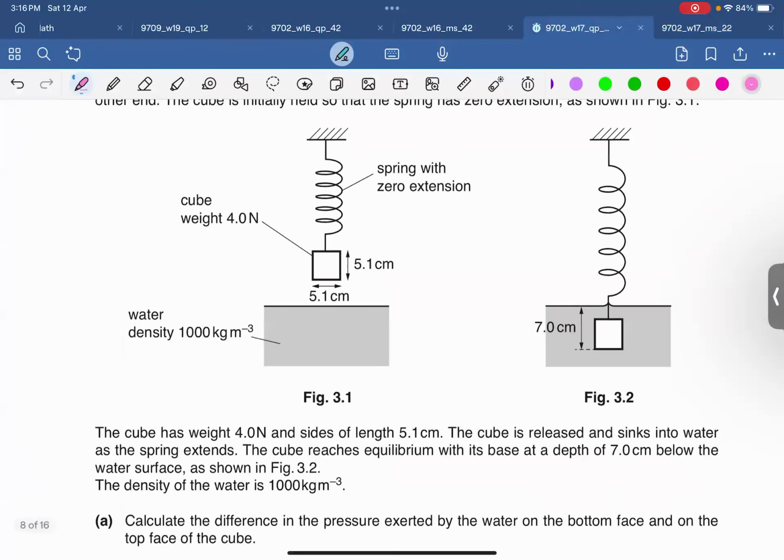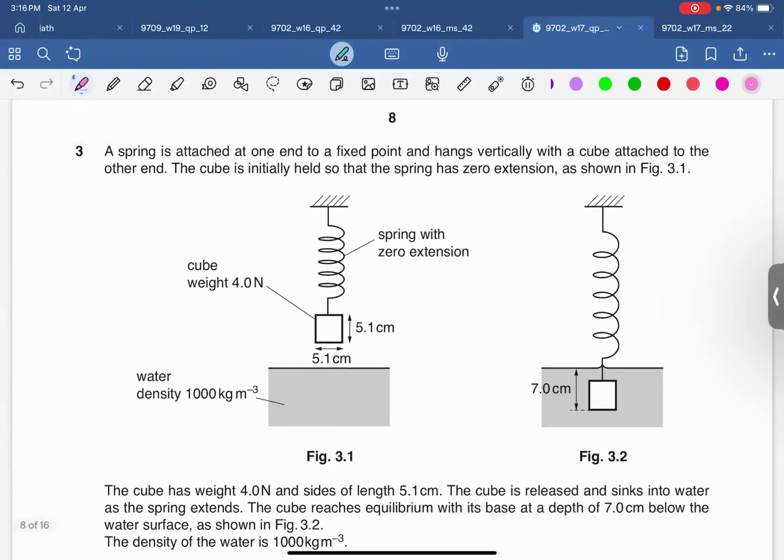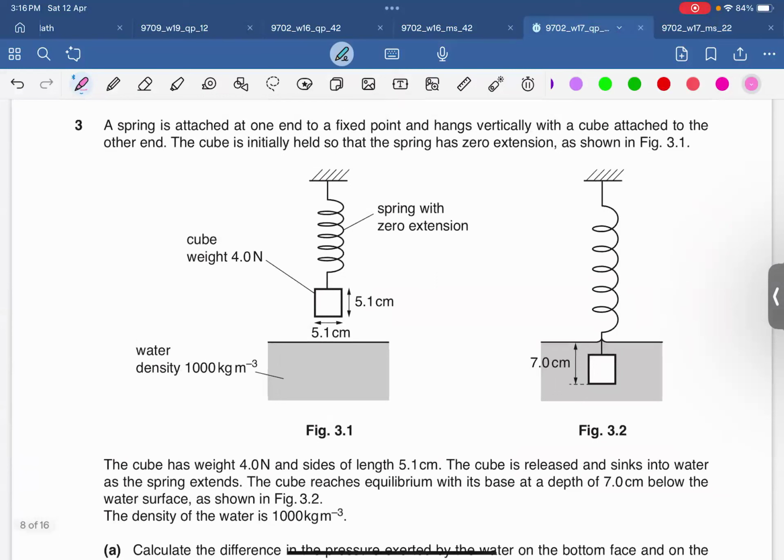Rayan, can you please read the question? A spring is attached at one end to a fixed point and hangs vertically with a cube attached to the other end. The cube is initially held so the spring has zero extension as shown in the figure. The cube has weight 4 newtons and sides of length 5.1 centimeter.